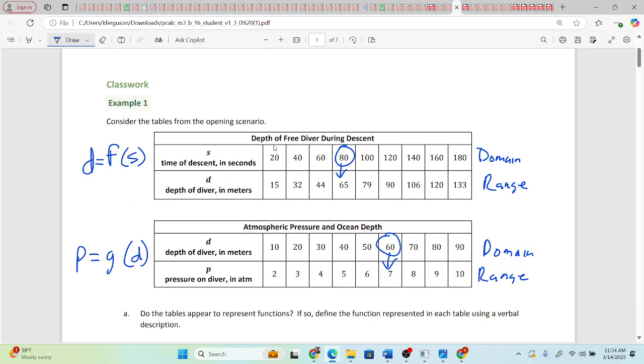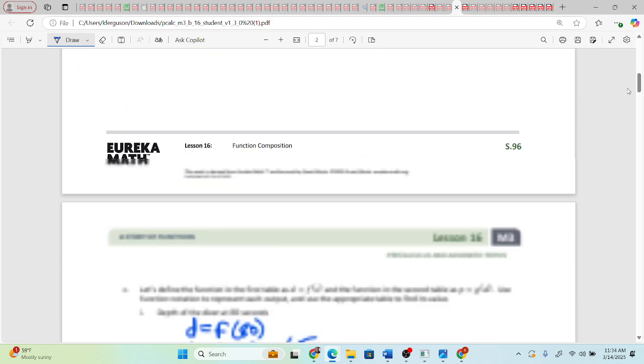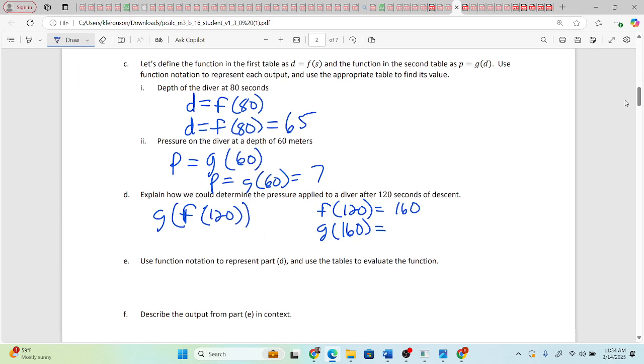Okay, let's look at the first chart. Did I say 160? Maybe that's why. What does the problem say? I thought it said 120.